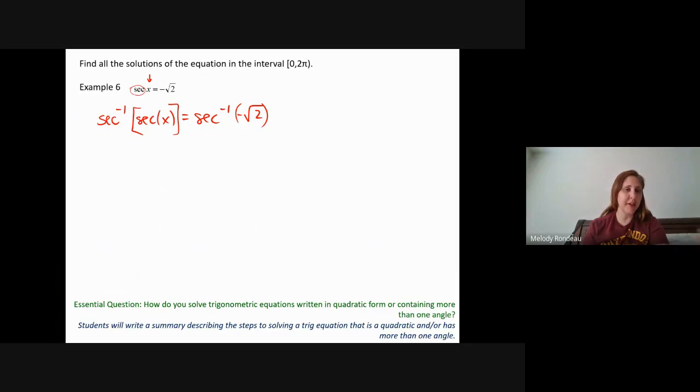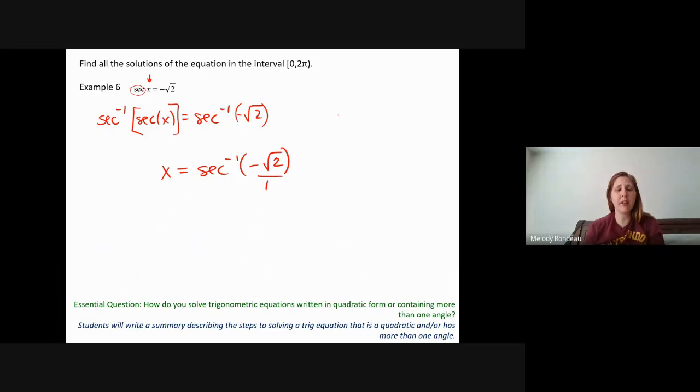Then what happens is our inverse secant undoes the secant, obviously, it's the inverse of secant. So we are left with x equals secant inverse of negative root 2. So that's what we're really doing, taking this and working ourselves backwards. If you were doing it on a calculator, that's how you would do it. With our method here using the unit circle, I'm going to turn this into a fraction.